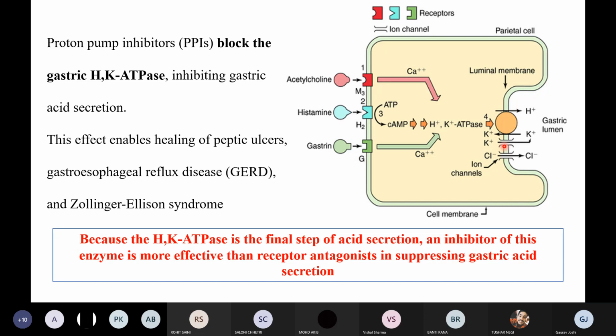Anyone? Sir, maybe basic. Yes, you are right. It should be basic. So what will the basic drug do? It will get ionized inside the acidic environment, right? So once a drug gets ionized, it will not be able to cross that particular membrane. Am I right?